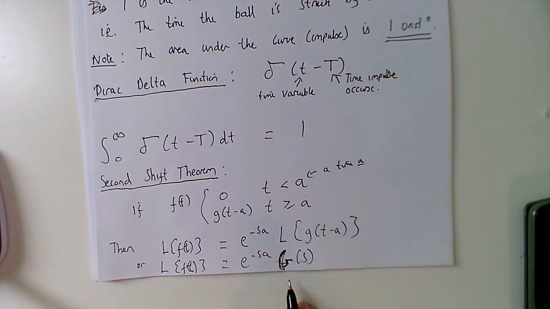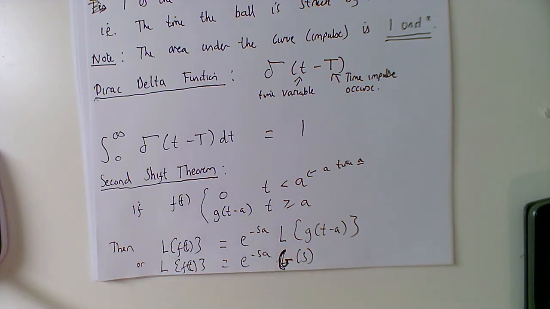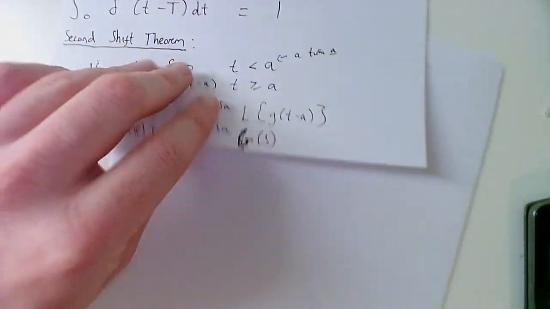Okay, so if I've got a function G of s, and I want to go back to there, then I've got to use an inverse second shift theorem. Right, now it looks really complicated, but I'm just going to explain what it means. We're going to be using this and going back to here rather than all the way around for the majority of the stuff that we're doing.